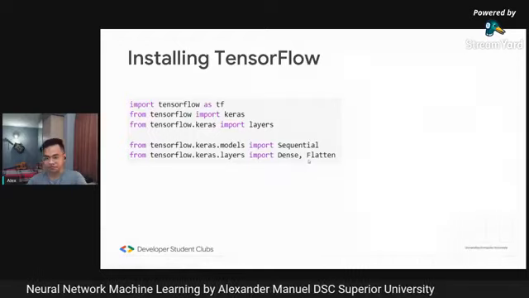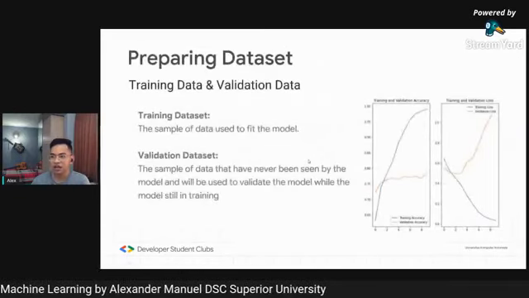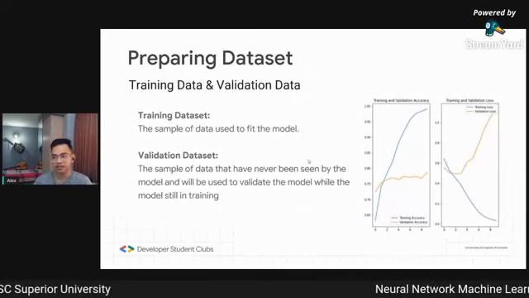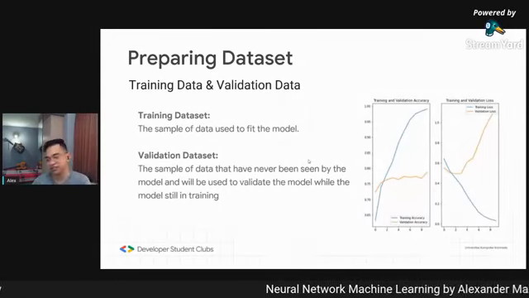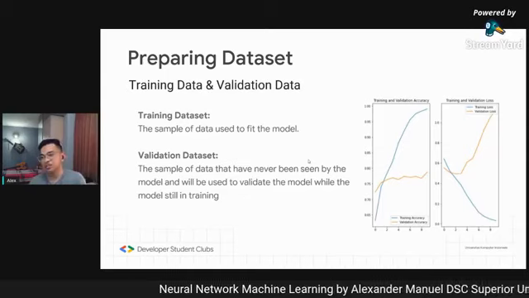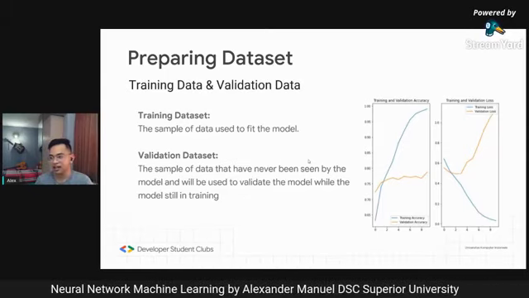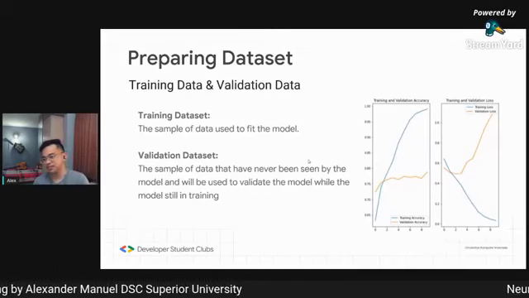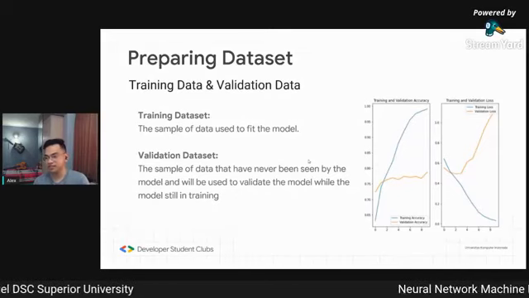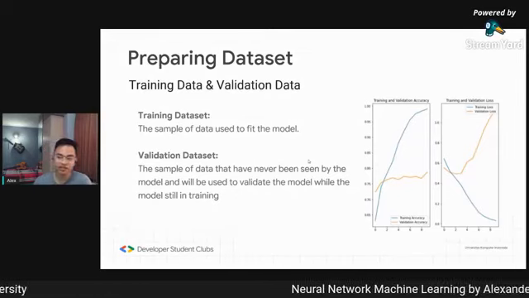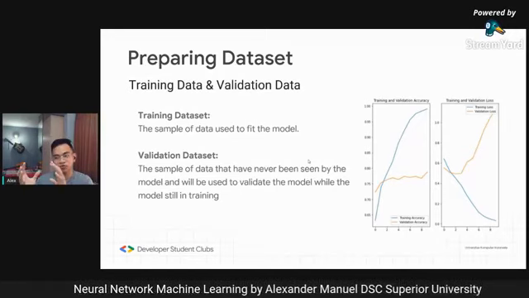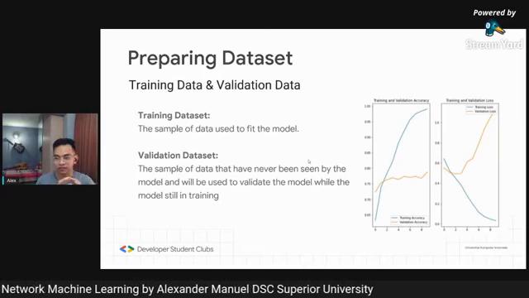Okay, so what we are going to do first is prepare the dataset. In this case, we're going to use two types of dataset. The training dataset is the sample of the data used to fit the model.